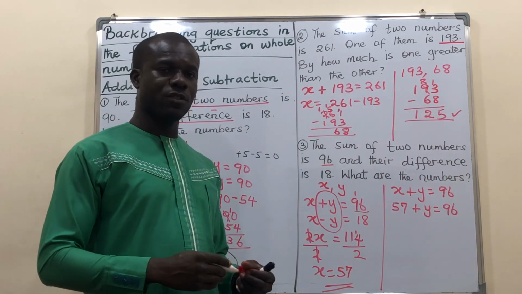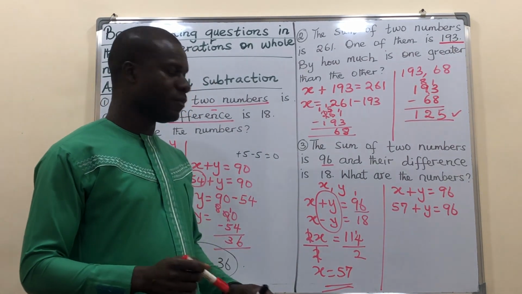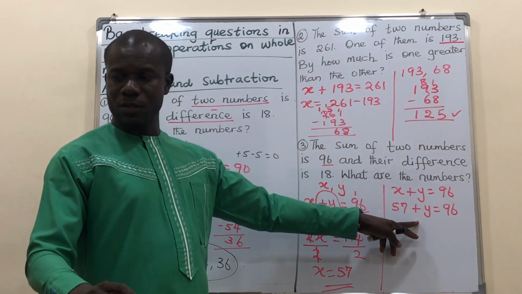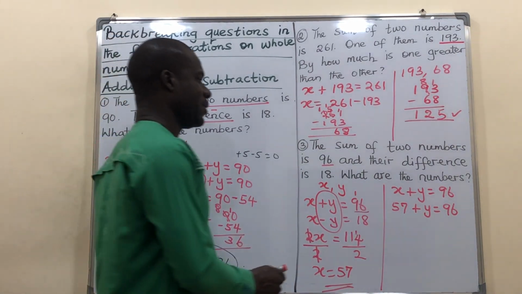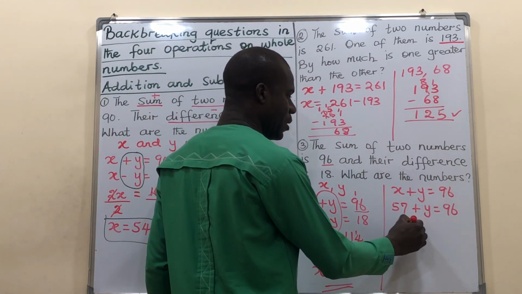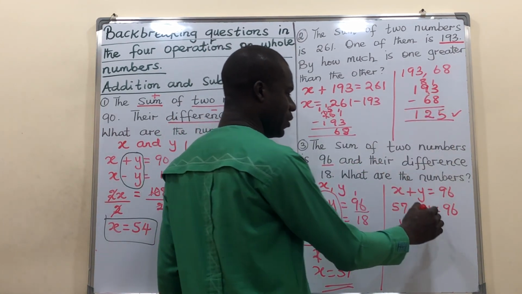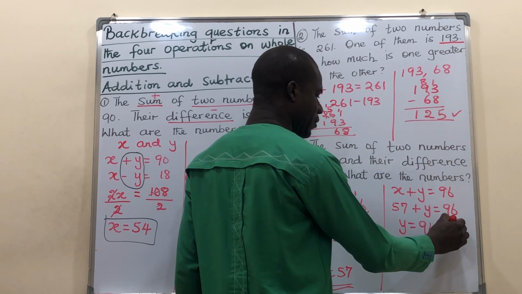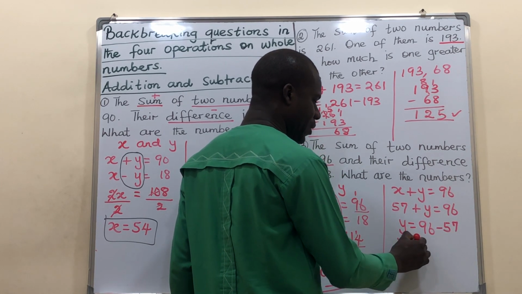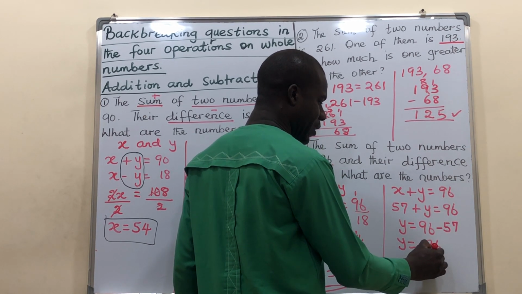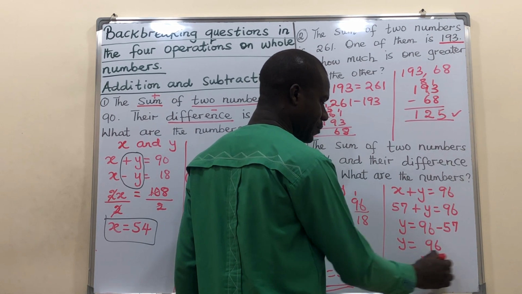Simply move 57 to the right hand side to meet 96. If you do that, y will stand on its own at the left hand side. So y will give us 96, and as 57 moves to the right hand side, it will give me minus 57. So y will give me 96 minus 57.